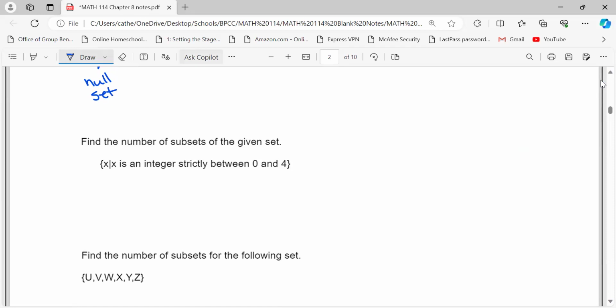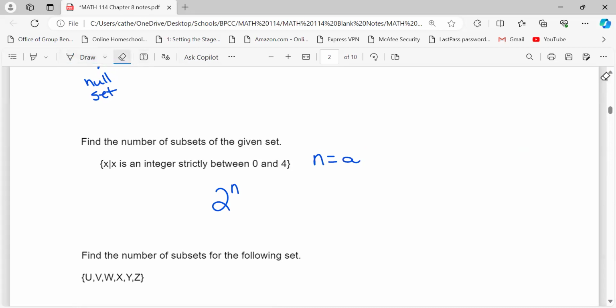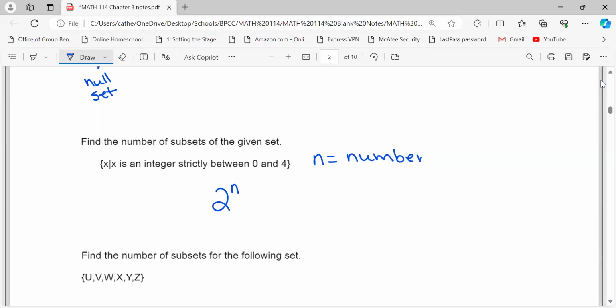Find the number of subsets of the given set. So there's a general formula. It's 2 to the n power, where n is the number of numbers. All right, so x such that x is an integer strictly between 0 and 4.